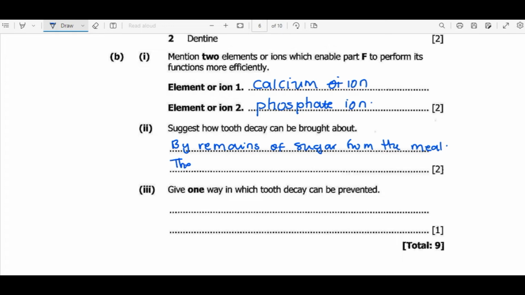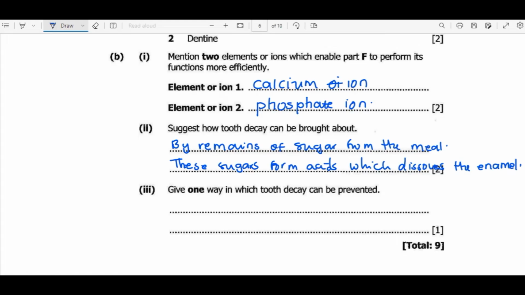These sugars form acids which dissolve the enamel. Thus we have tooth decay.